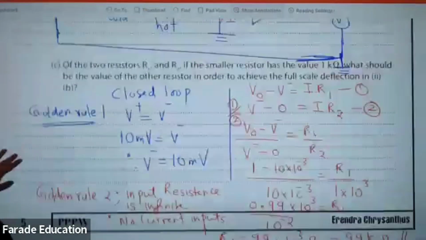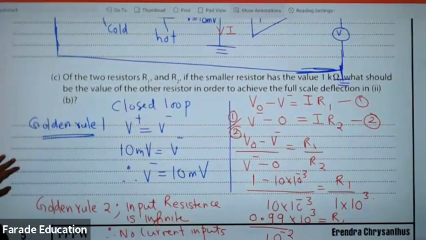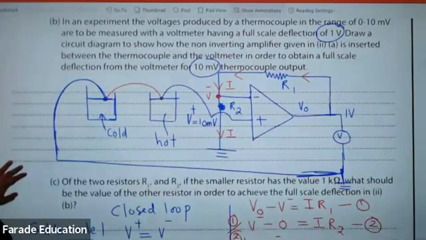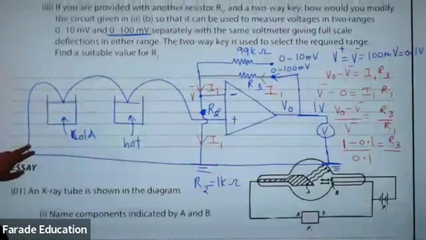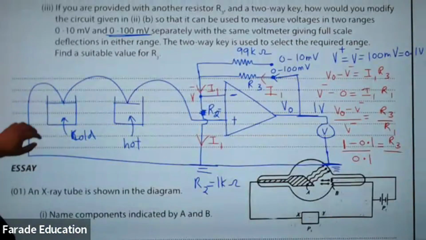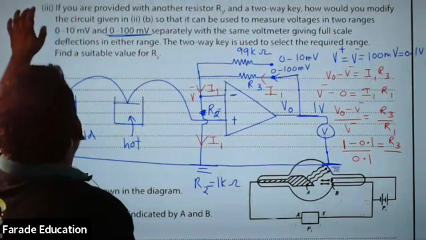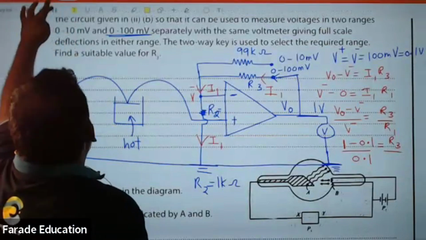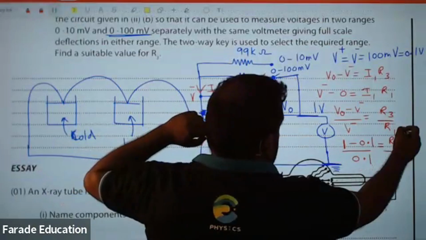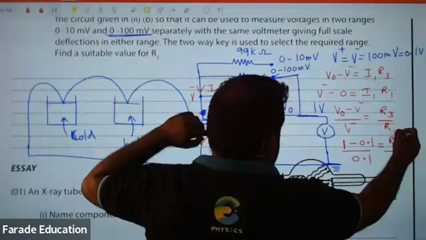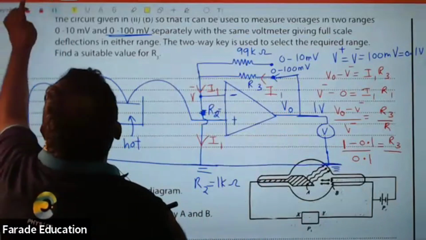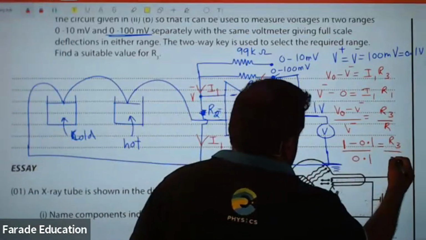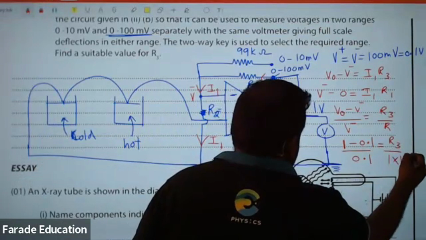R2 they have given. R2 is given 1 kilo ohm.